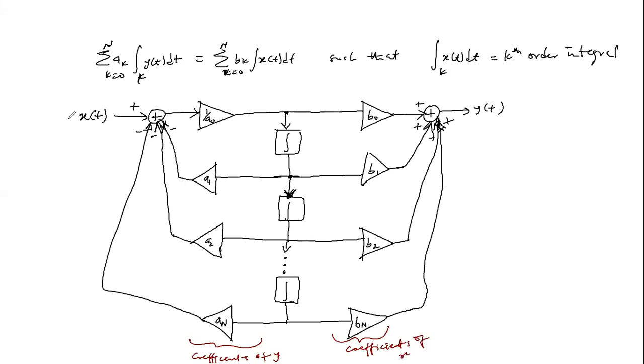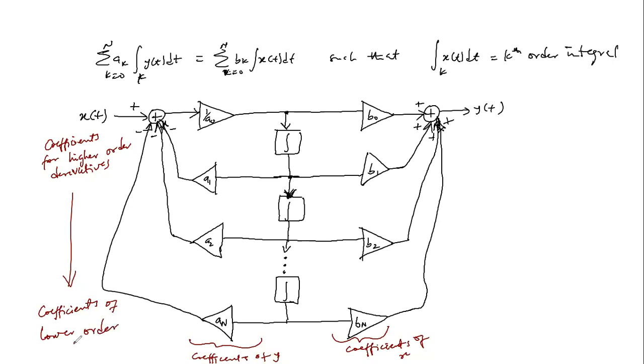And then the coefficients for higher order derivatives are that way. So we move down to coefficients here of lower order derivatives. Okay. So this is what we get. It's something like this.